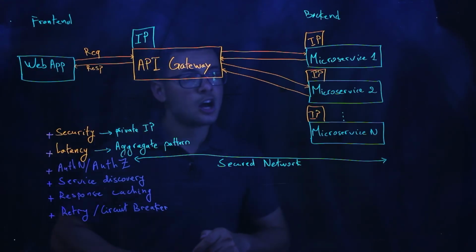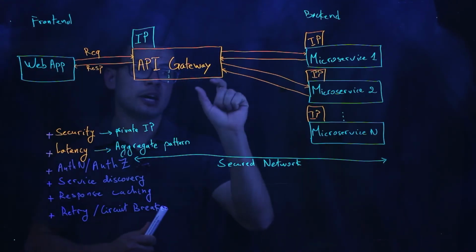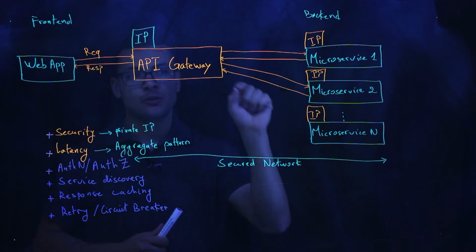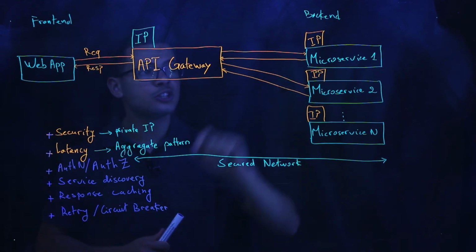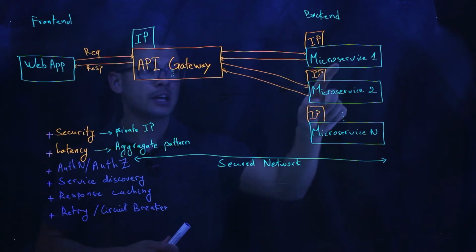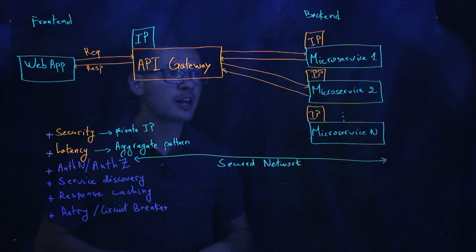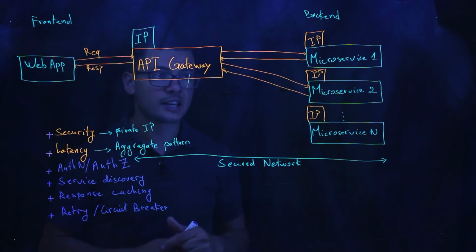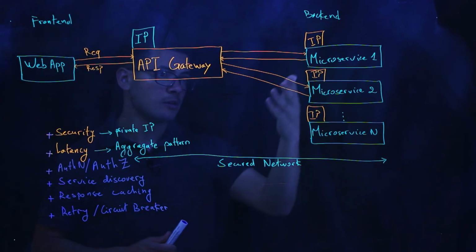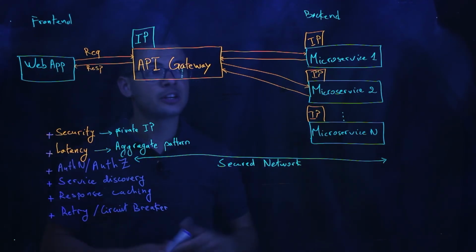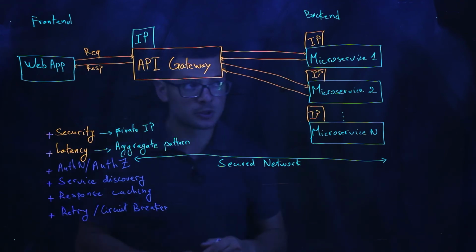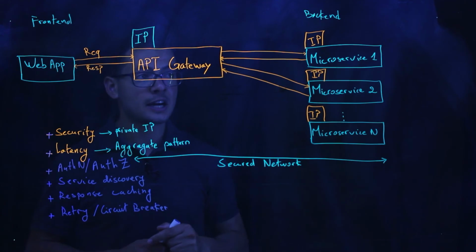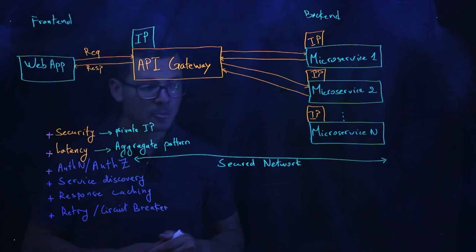Another advantage comes when we want to apply a limit on the number of requests to each microservice. We say, for example, I cannot call microservice number 1 more than 100 times in 1 second. We can apply that if we have external access to our microservices, like third-party applications that want to access my microservices. I want to limit their access to my backend.